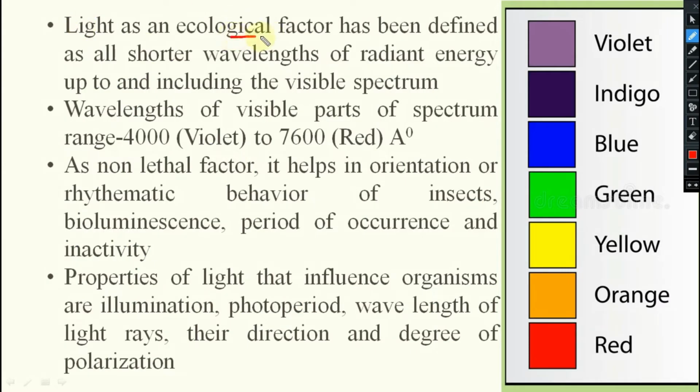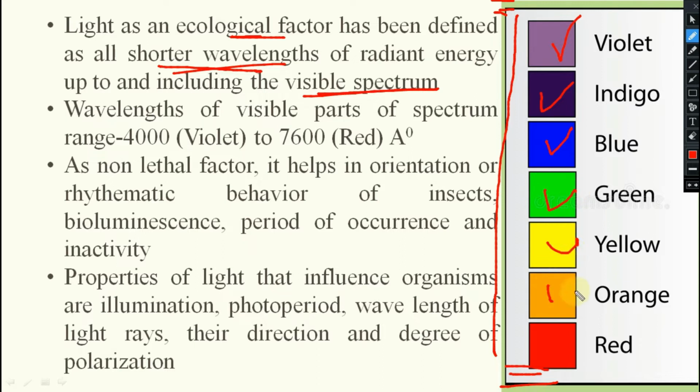Light as an ecological factor has been defined as all shorter wavelengths of radiant energy up to and including the visible spectrum. Apart from that, the visible spectrum is VIBGYOR: violet, indigo, blue, green, yellow, orange, red.